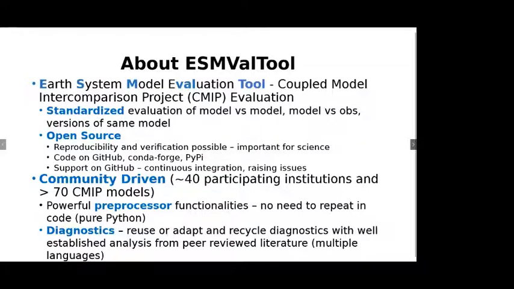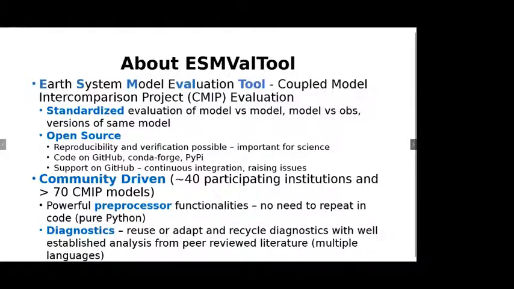And the diagnostics, obviously, are developed by the scientific community, and there's very large support among the community, as we have some 40 institutions that collaborate and develop diagnostics and contribute to the diagnostic pool. It supports anything from CMIP3, 5, 6, CORDEX data and observational data, all sorts of flavors of observational data, and ana4MIPs and obs4MIPs and so on.